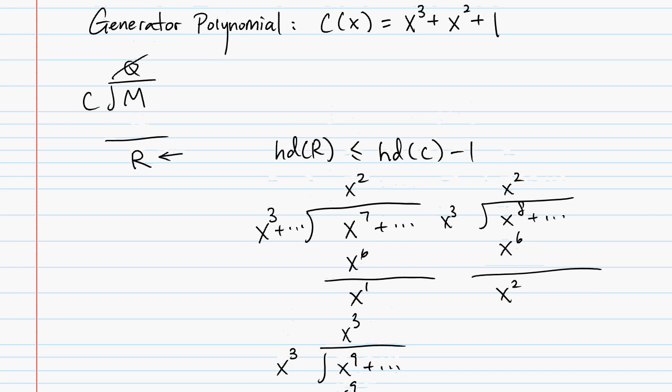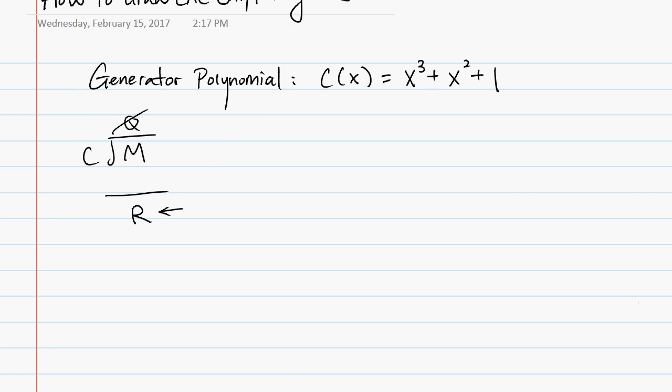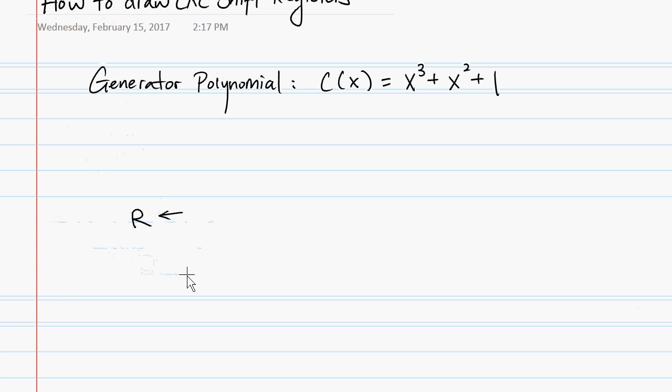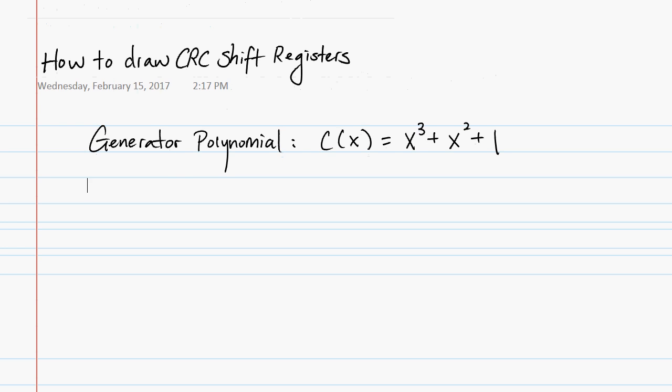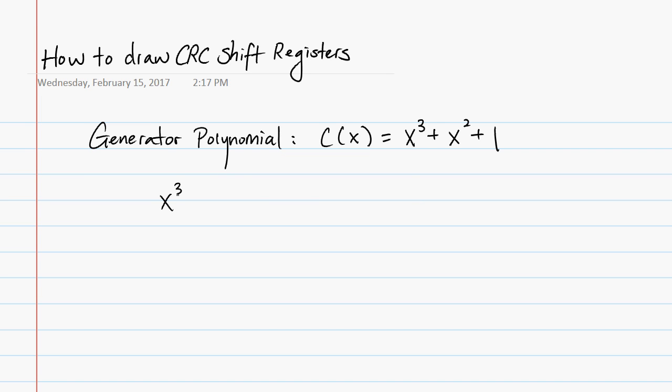Once we know about this fact, we can then calculate or draw the CRC shift registers. We know that if our highest degree is 3, then there's going to be 3 digits of remainder left. Why 3 digits?